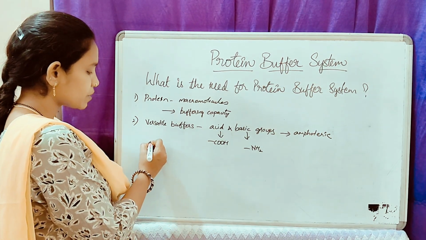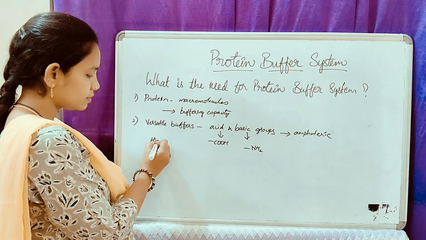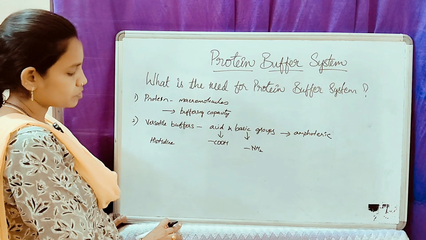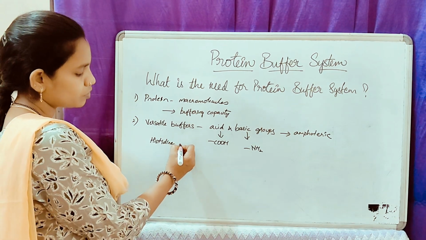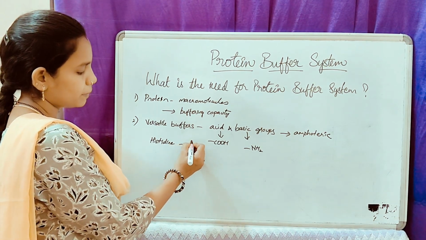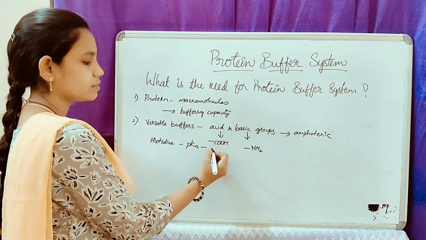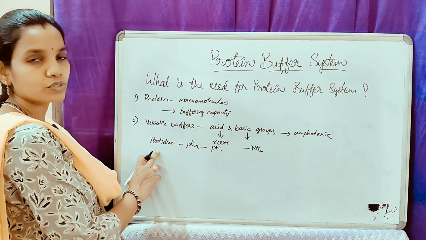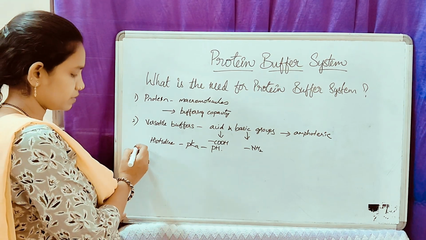So here certain amino acids like histidine, especially effective because of its pKa, that is close to the physiological pH. Means histidine also helps in the buffer capacity.